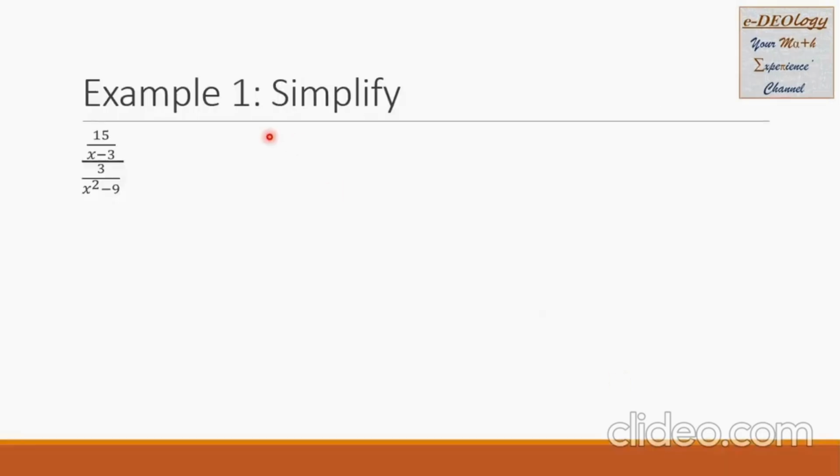Let's have example 1. Simplify this rational expression. The numerator is 15 over x minus 3, all over the denominator 3 over x squared minus 9. Step 1 says simplify the numerator and denominator. We can observe that the numerator and the denominator are both in simplified form.